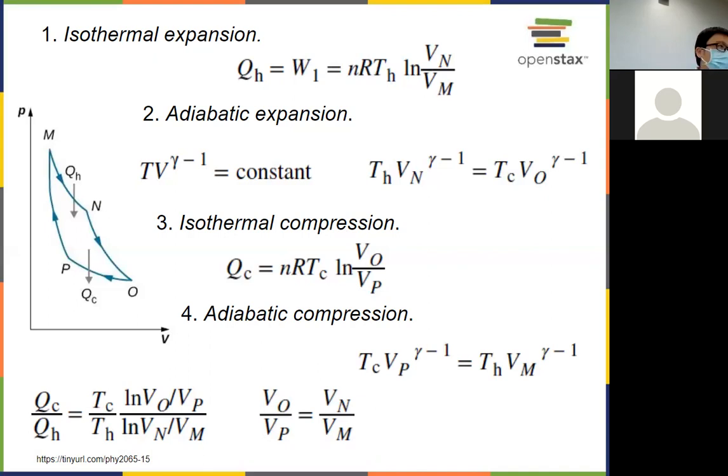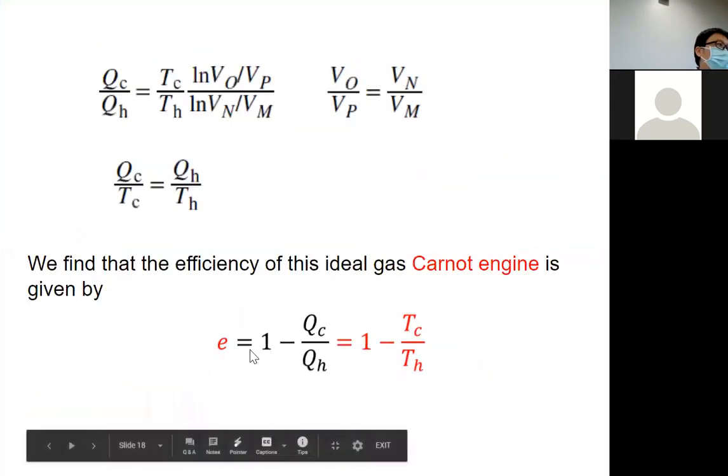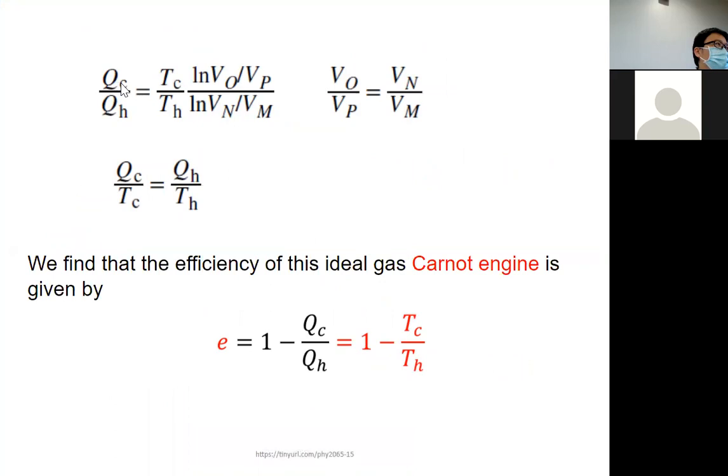So that's what you conclude. Then QC over QH is equal to TC over TH, or QC over TC is equal to QH over TH. Either way, you can write it like that.